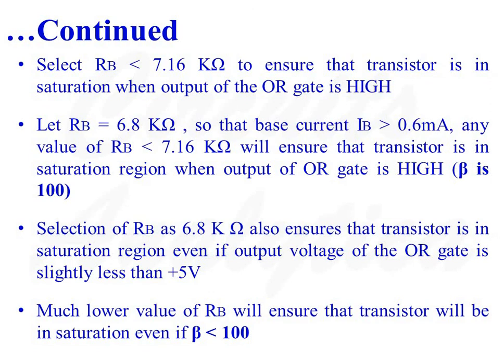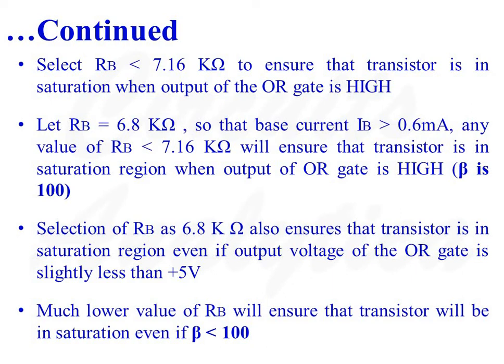Select RB less than 7.16 kilo ohms to ensure that transistor is in saturation when output of the OR gate is high. Let RB is equal to 6.8 kilo ohms so that base current IB is greater than 0.6 milliampere.